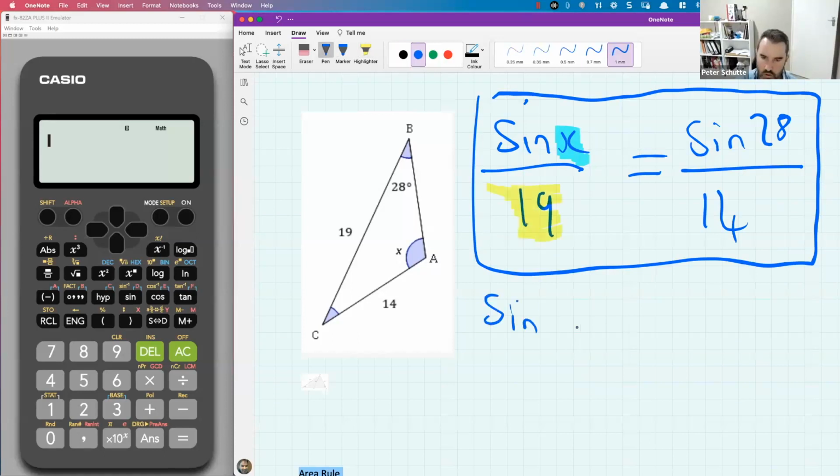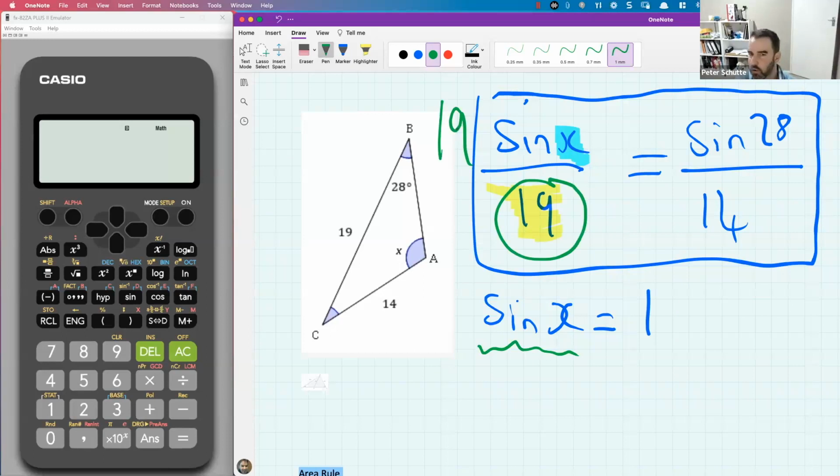Yes, it's going to be 14 sine x. Okay, you could do that, but I want to get the x by itself, hey? So all I want to do is move this 19 to the other side, and basically what I'm doing is multiplying both sides by 19.